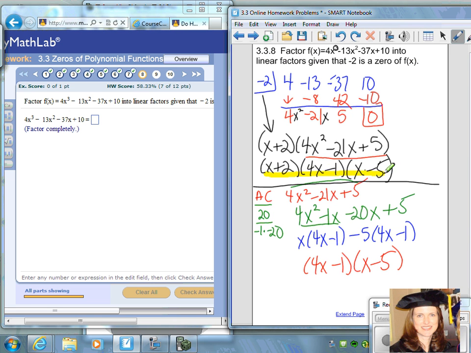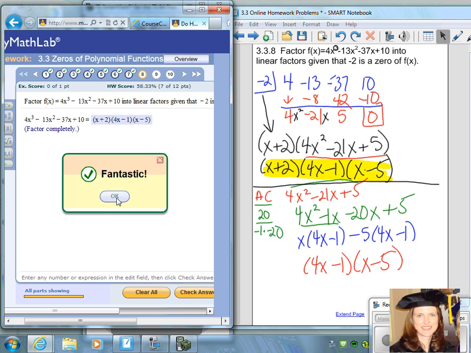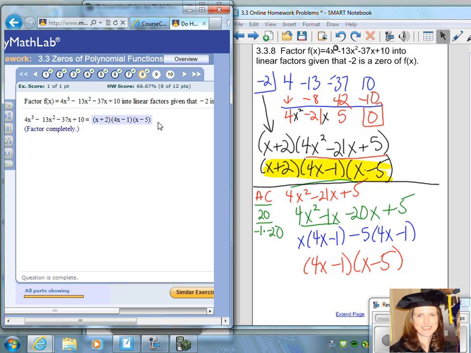So our final answer, the three factors are listed here. We can check our work. X plus 2 is a factor, 4x minus 1 is a factor, and x minus 5 is a factor. So use synthetic division with the given 0, and then whatever's left under the line, you have to further factor that.